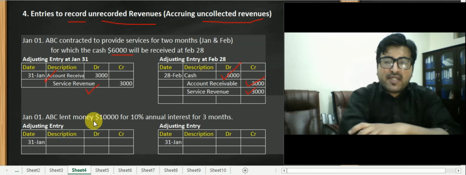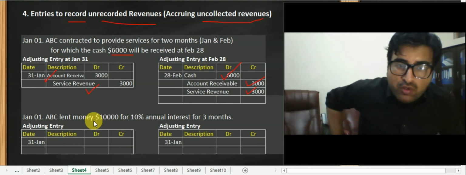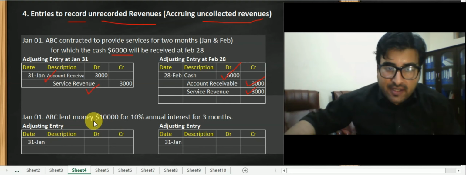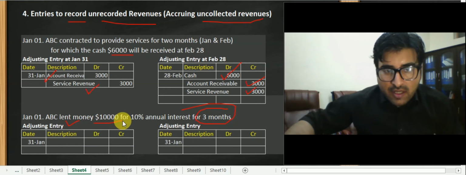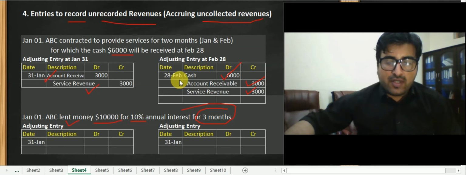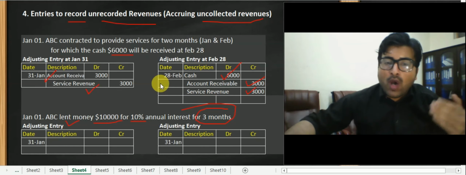Okay, in a previous example, money borrowed, but here the money is lent. ABC lent money how much? $10,000, right, for 10% interest. But how much is the duration here now? 3 months. Okay, ABC is lending money and how much?